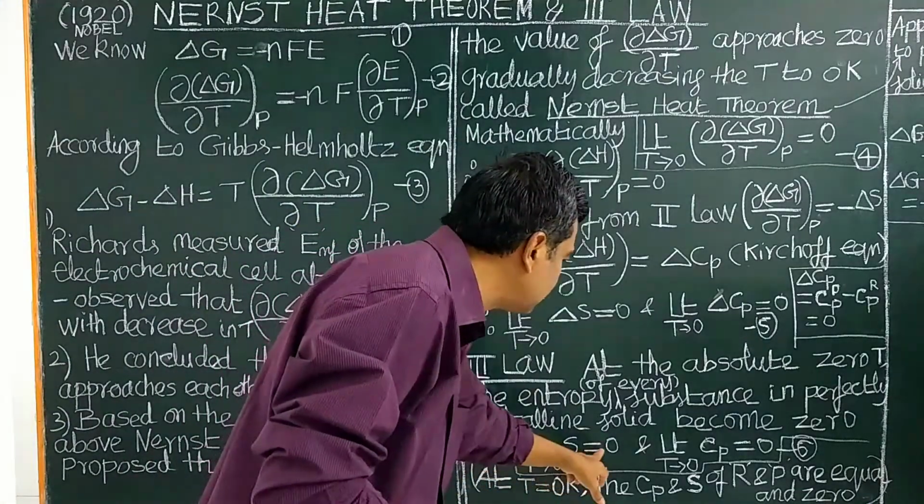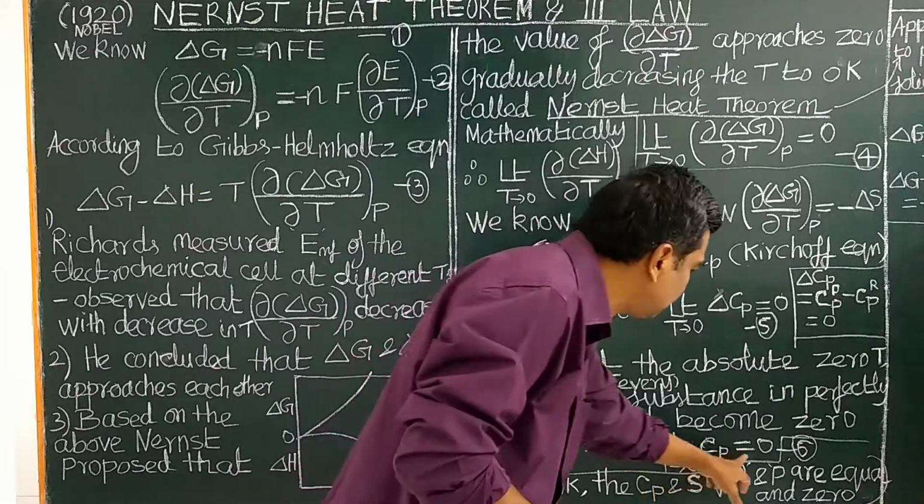Therefore limit T tends to 0, S equals 0, and limit T tends to 0, Cp equals 0.